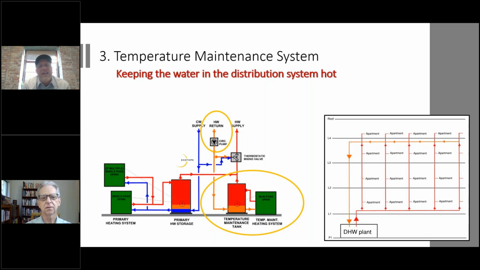As a designer, you want to really look at the COP of the temperature maintenance load, because it is significant. It's one third to one half of the total hot water load. So in bigger buildings, you might treat that temperature maintenance load with a dedicated heat pump. In smaller buildings, you can get away with a swing tank concept.